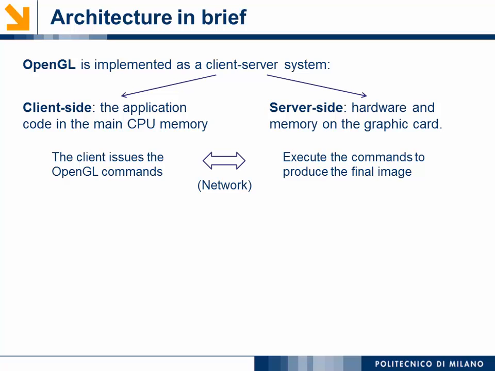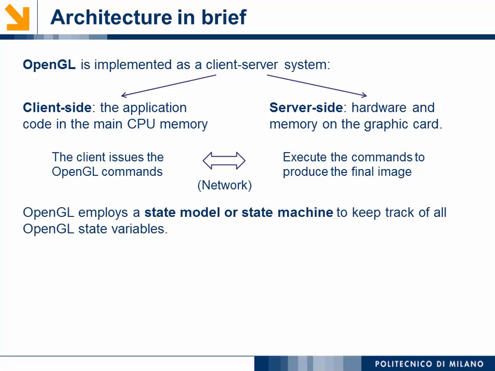Basically, OpenGL is a state machine, so there is just one data structure that holds all the variables, which are independent of one another.